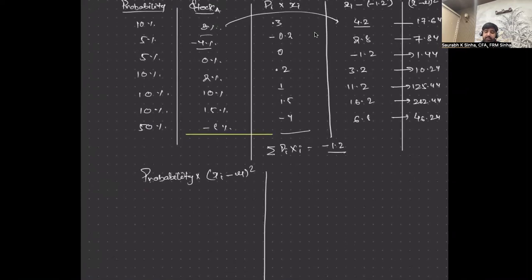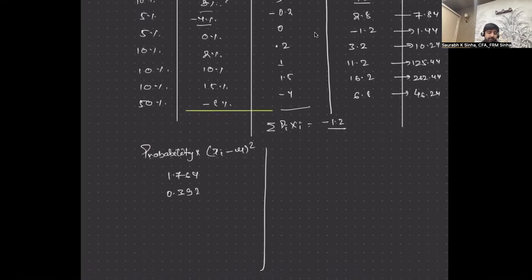So the probability is 10%. 10% of 17.64 is 1.764, percentage squared, definitely. 0.05 into 7.84 is equal to 0.392. 1.44 into 0.05 is equal to 0.072. Okay.